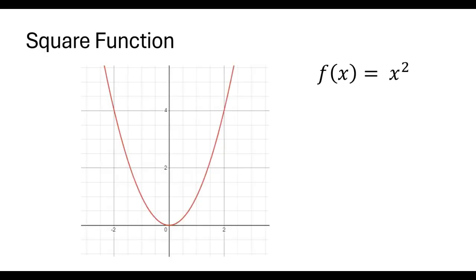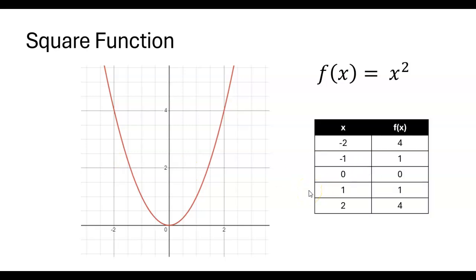The first is the square function, which is f of x, or that could be y, equals x squared. You'll notice this is a parabola, so the basic function of x squared opens up. If we think about the points on this basic function, if I plug in -2 for x, -2 squared is +4.